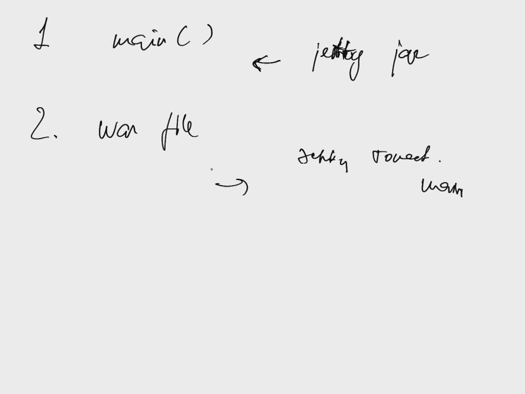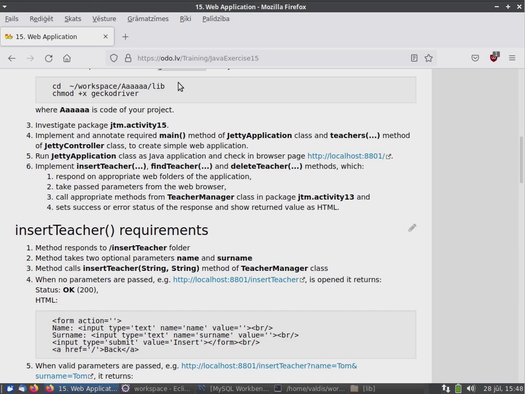But what you do here is you put this WAR file in their internal container, usually called the webapps folder of this application server, and then it is compiled, and classes are loaded and executed depending on what kind of URLs or web requests you make to that web application server. So the first variant is usually for small applications, and the second variant is for large applications, for enterprise solutions.